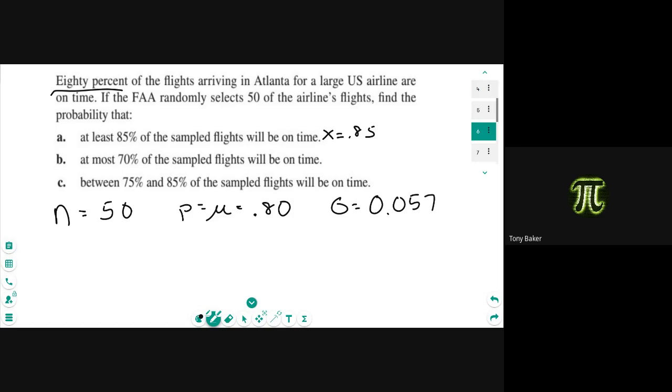All right, so what did we get for our z-score? So if we look at 0.88, we get 0.81057, right? Is that the answer?